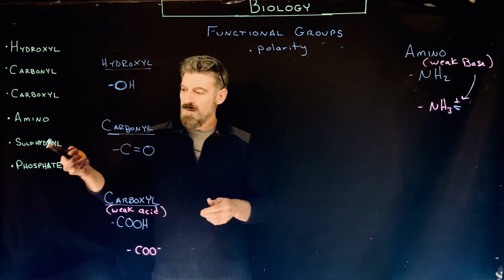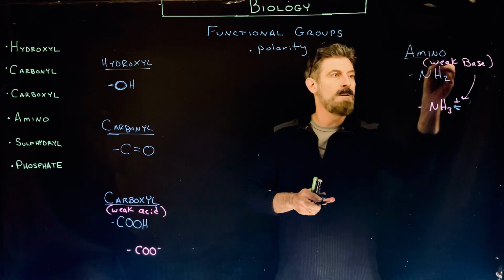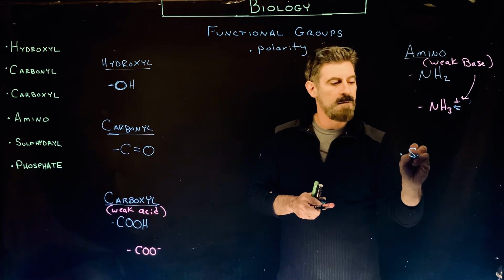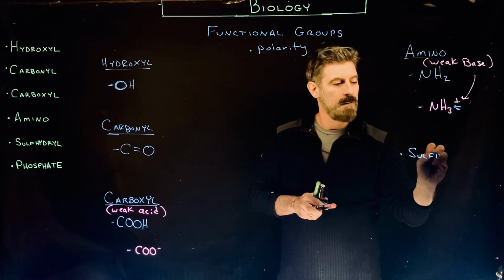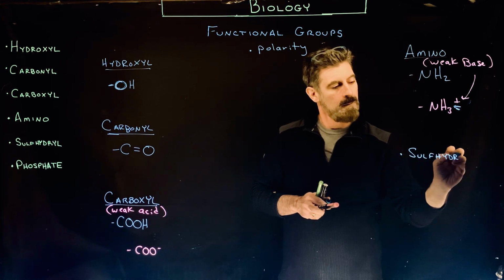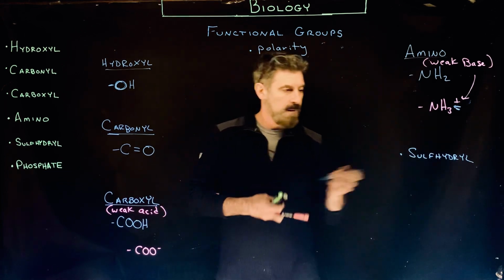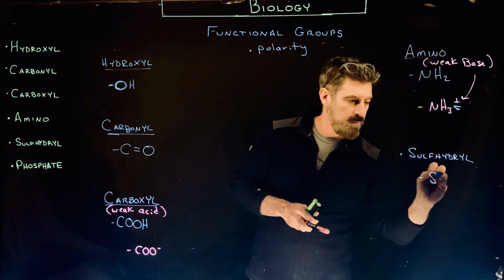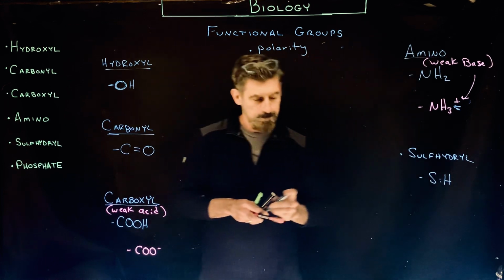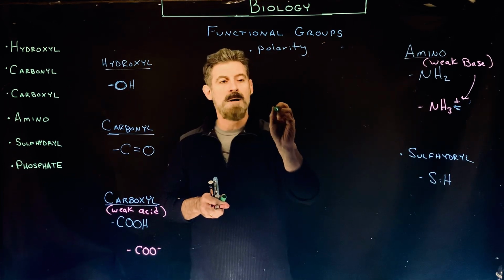Last 2, one of them I'm going to go through really fast here, the sulfhydryl. Sulfhydryl is very simple. It's just sulfur, hydrogen. That's it. The sulfur is attached to a carbon, so you have some molecule.